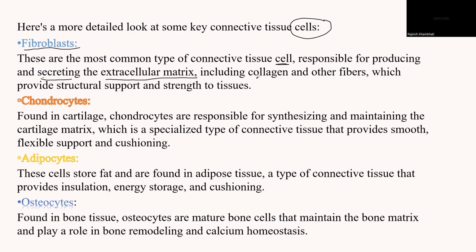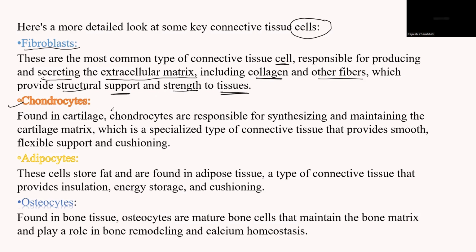It includes collagen and other fibers. So they secrete the protein, and the protein will make fiber also. So you can say that fibroblast cells will make fibers and matrix, which provide structural support and strength to the tissue where they are present. So they will support and give strength.